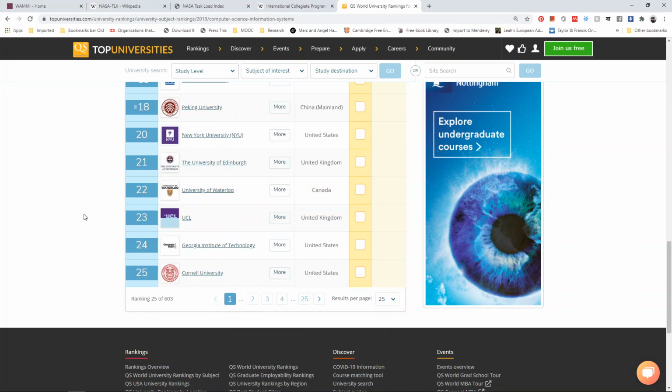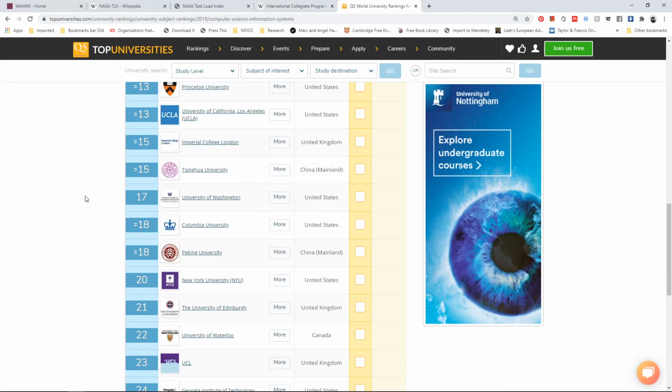You see, it was ranked 22 globally. That means it is among the top 25 universities in the world. So it's a very high-ranked university for computer science, and already has a good reputation in the industry.